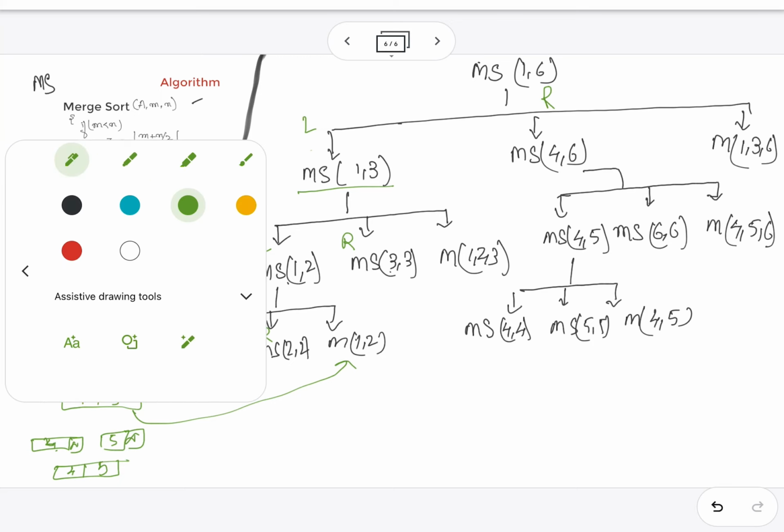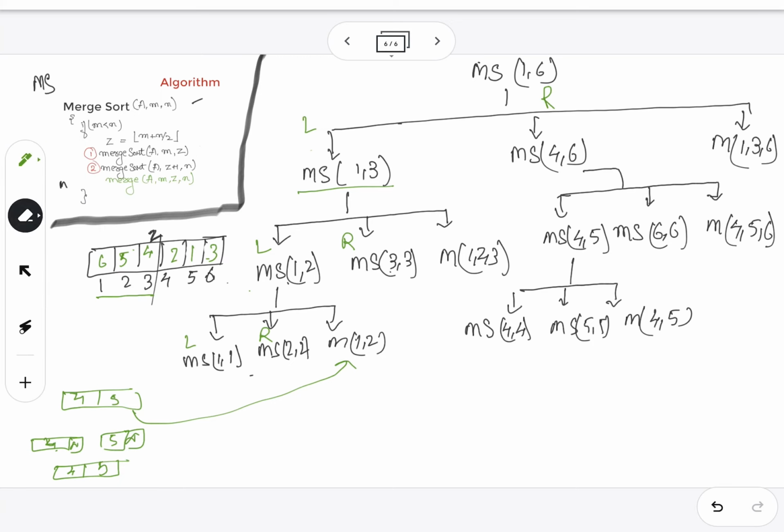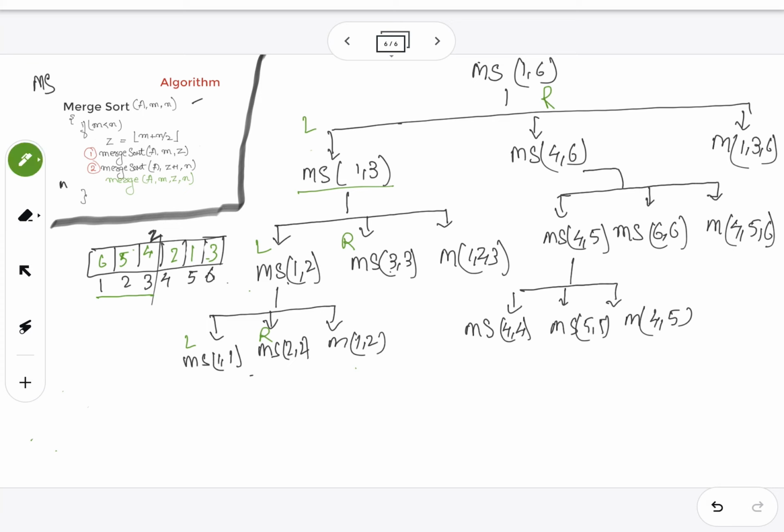Now we relax the previous thing that we discussed. We took an example that this can be sorted, but now we take any array where we don't know whether the elements are sorted or not. We just define the array and the task is to bring the sorted array at the end of it. Now the left subarray and right subarray do not need to be sorted. They will handle it accordingly.